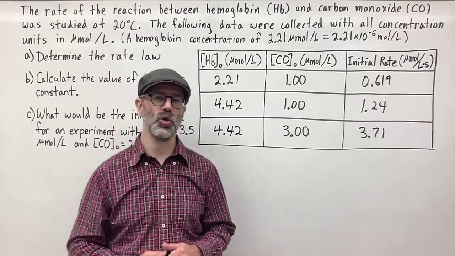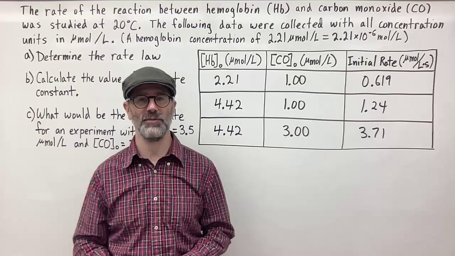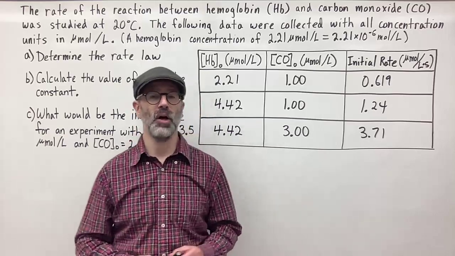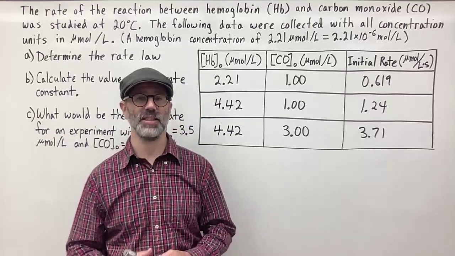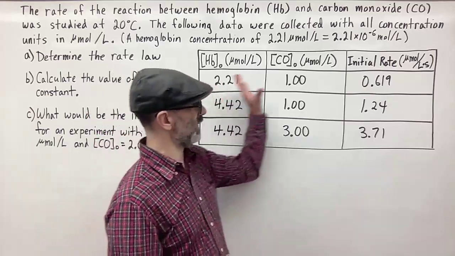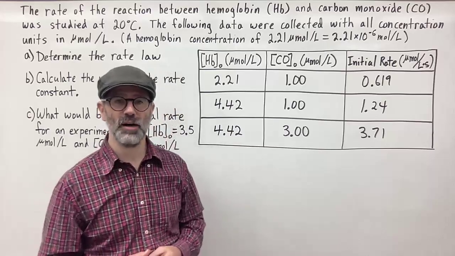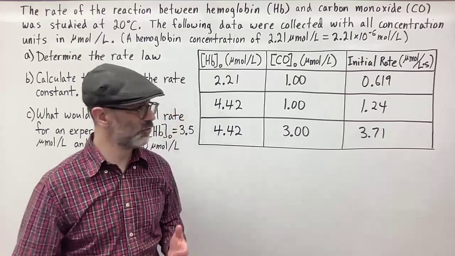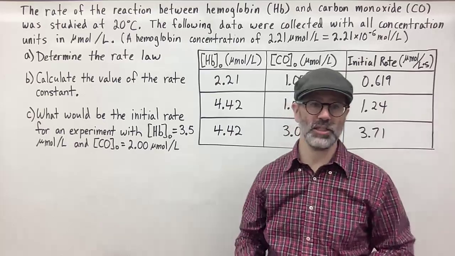So 2.21 micromoles per liter would be 2.21 times 10 to the negative 6 moles per liter, because 1 micromole is equal to 10 to the negative 6 moles. So they're giving us this data based on the reaction of hemoglobin with carbon monoxide, and we're asked to answer 3 questions.